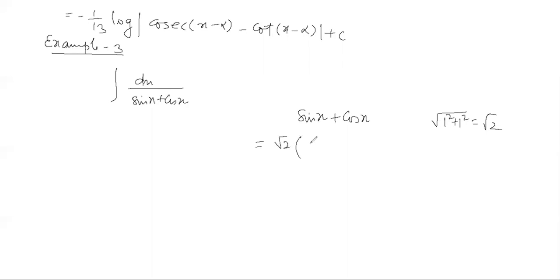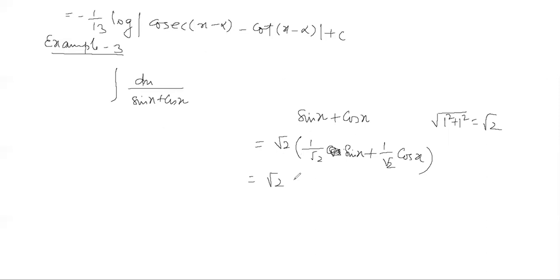Just multiply and divide with root 2. Okay, my mistake. 1 upon root 2 sin x plus 1 upon root 2 cos x. Alright. Now here you have two options. The 1 by root 2 is the value of sine as well as cos also.